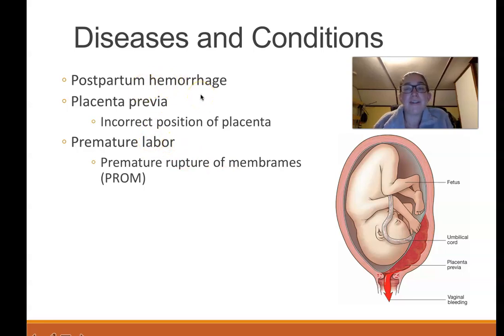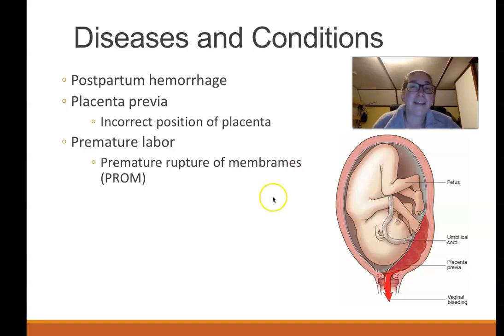Postpartum hemorrhage is a bleeding issue. Even when the placenta is properly placed or located, when it falls away after labor, if it tears away from the uterus too violently, it can tear the uterus, or it can just bleed too much. Blood loss is a very common and dangerous complication of pregnancy.